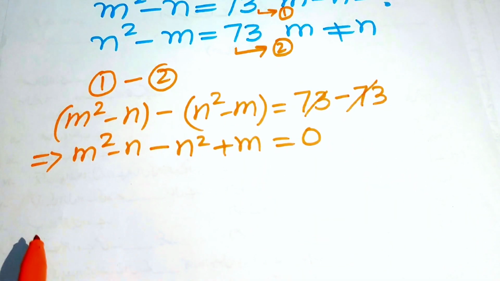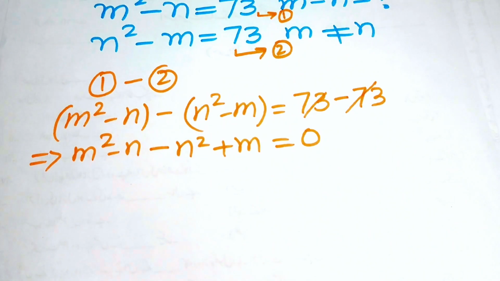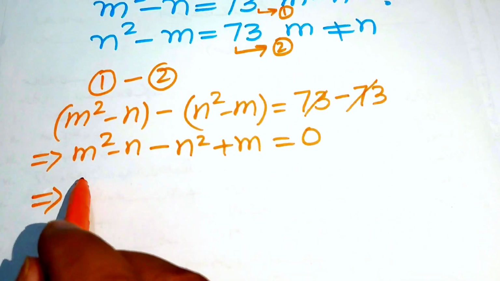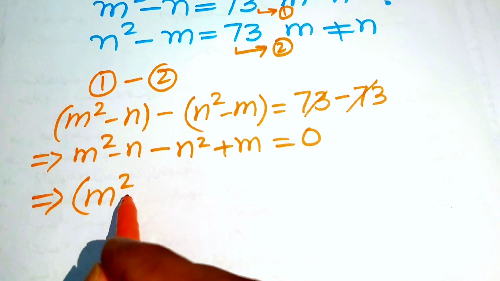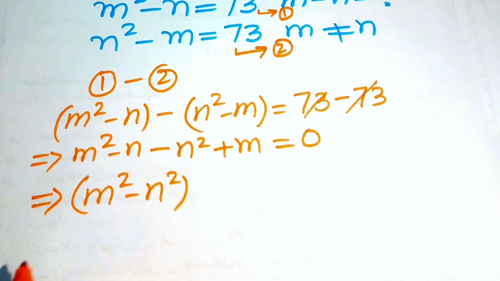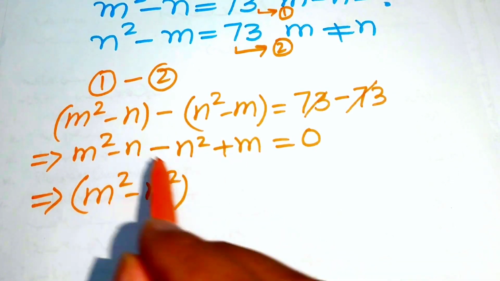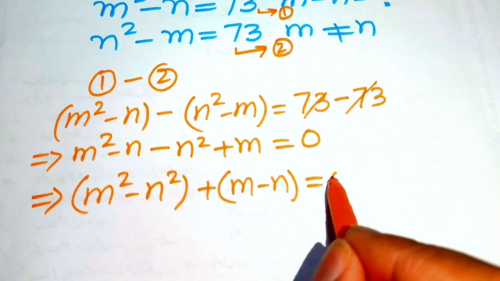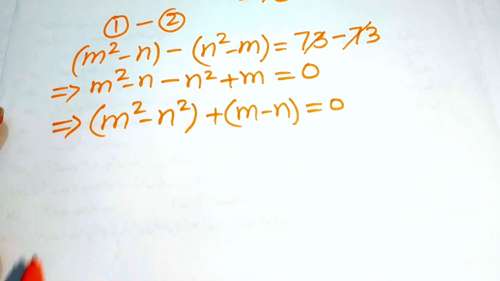In the next step we rearrange the terms and pair m squared with n squared, and it will be written as m squared minus n squared, and the other terms as m minus n, equals 0.